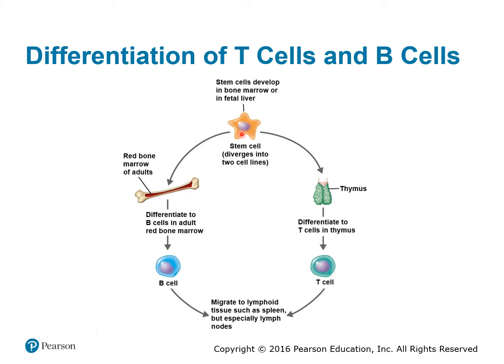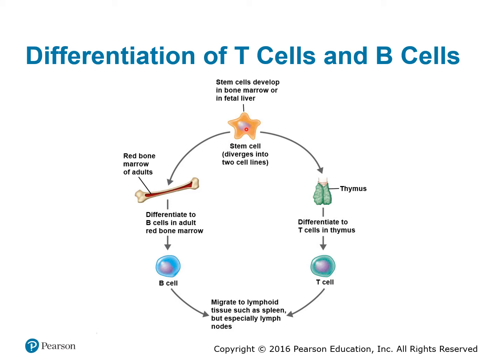Once those stem cells start differentiating, they will differentiate eventually into the B cells and the T cells. And as I said, those stem cells are either in your red bone marrow or in the fetal liver.